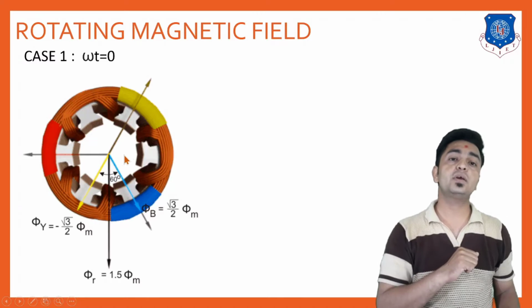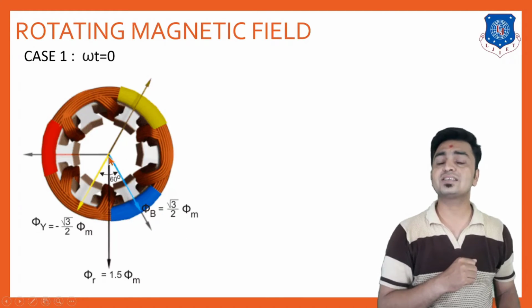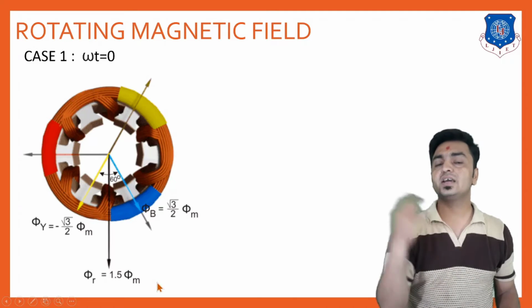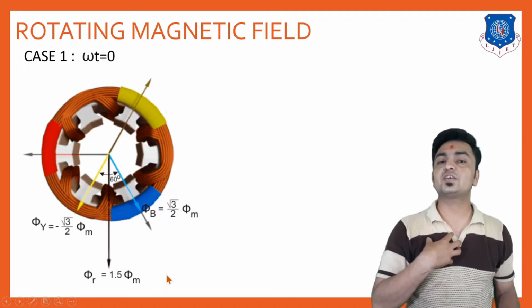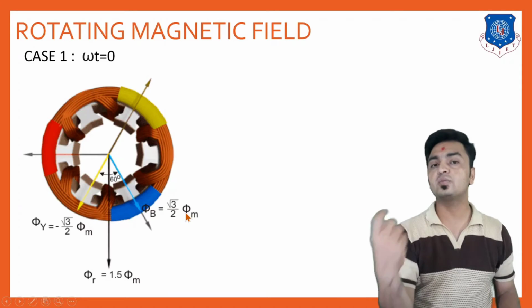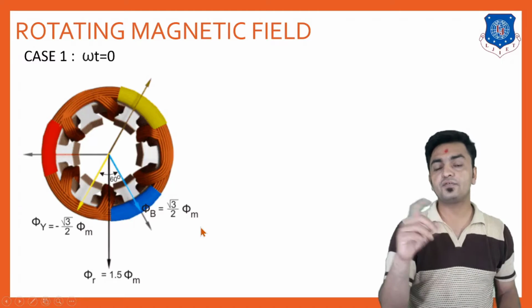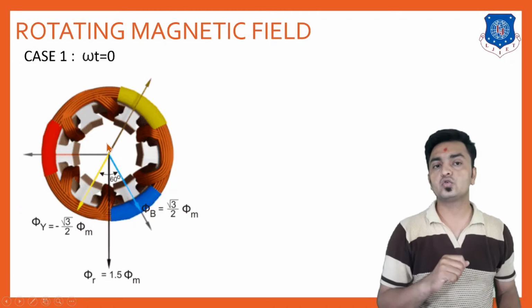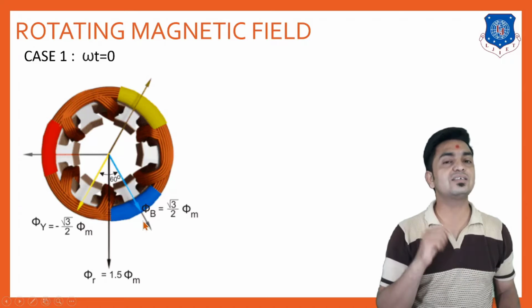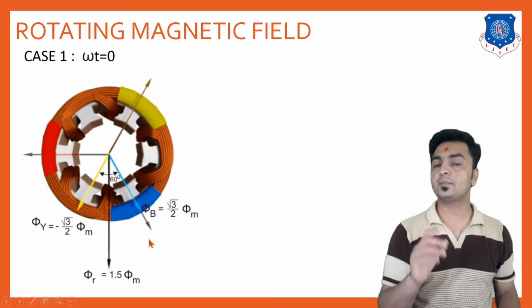Phi b was in this direction, and as a reference we had considered its magnitude as phi m, but here we are getting the magnitude of this component as root 3 by 2. So this blue color vector is representing this root 3 by 2 phi m, that is, the phi b component.